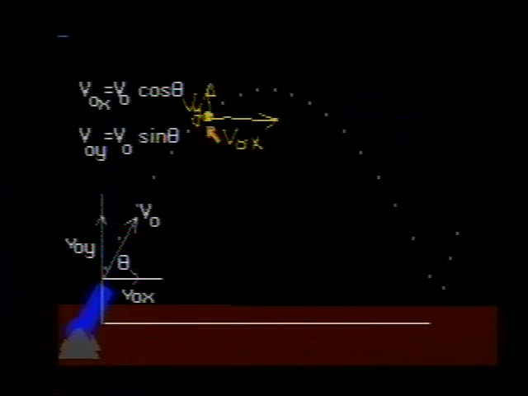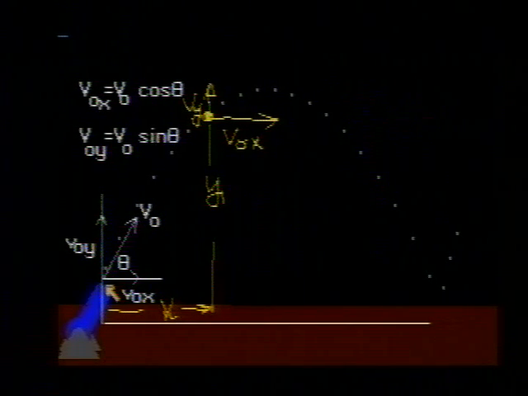Let us suppose it is at a vertical displacement y and a horizontal displacement x. Let's further assume that at t equals 0, the original vertical displacement is some value y0, and the original horizontal displacement is 0.